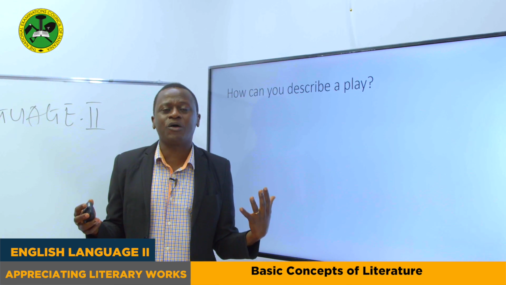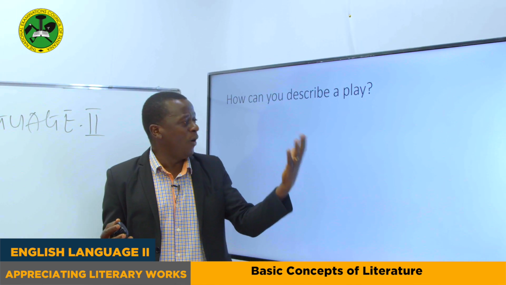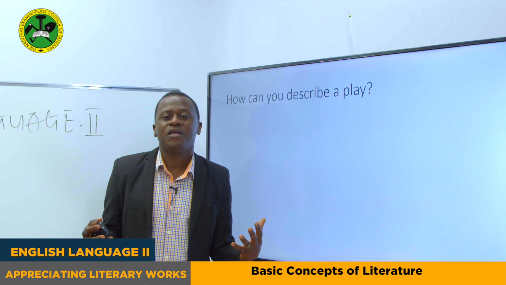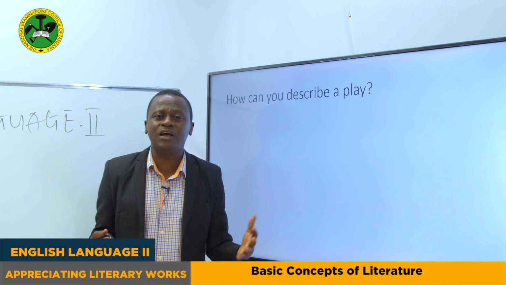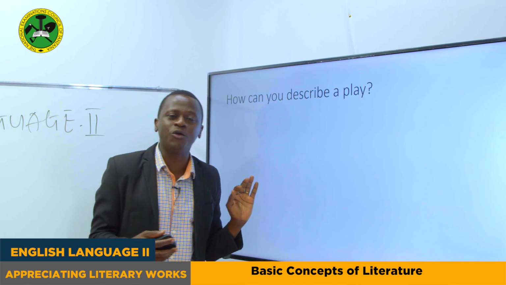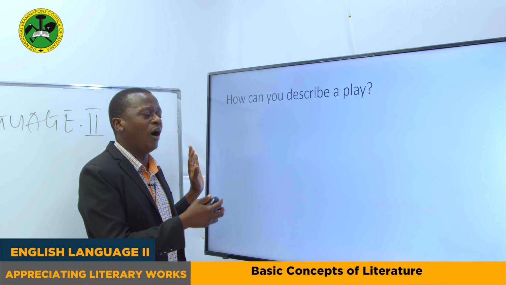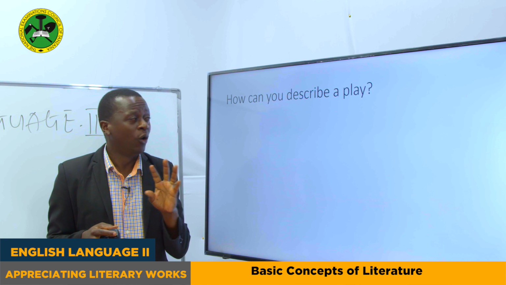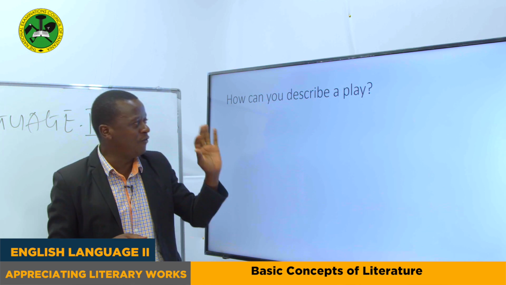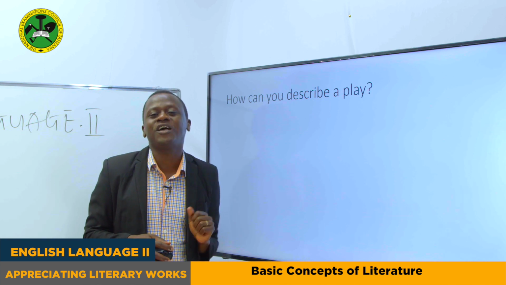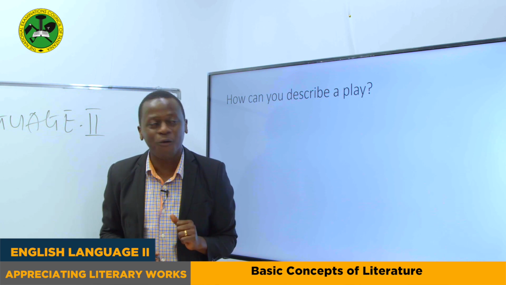When one is in a library, there are so many books. Then, how can one tell that this is a play and not a short story? Or this is a novel and not a novella? And this is a poem. So here again, let's just describe quickly what a play looks like by giving the details or the description of such a play. So here we go.